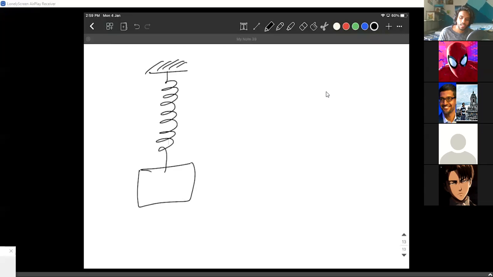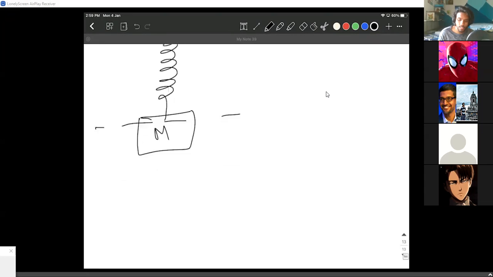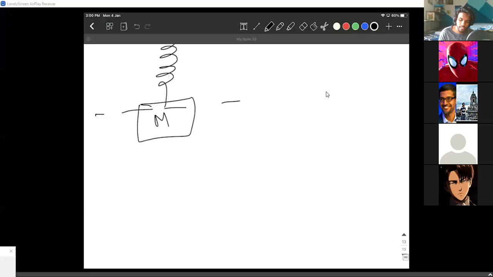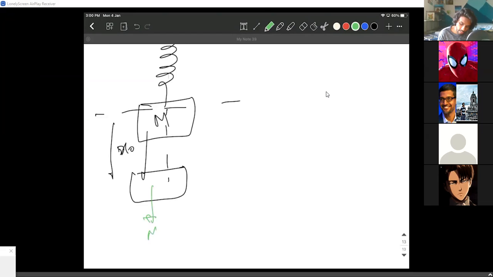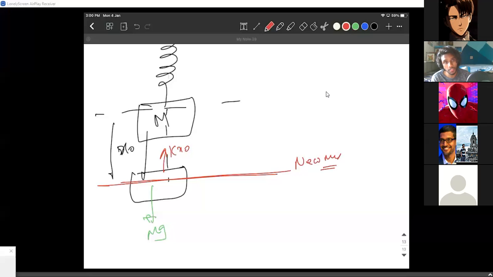The natural length is this, but because of the weight, the spring has expanded by some x naught. So there is mg acting, there is kx naught acting. This is a new mean position.